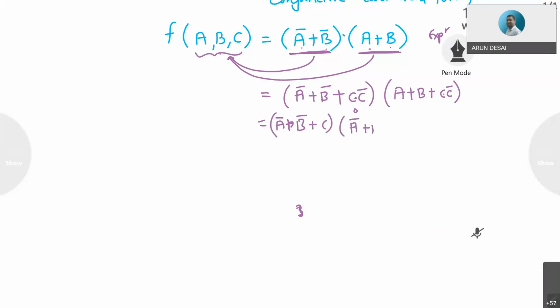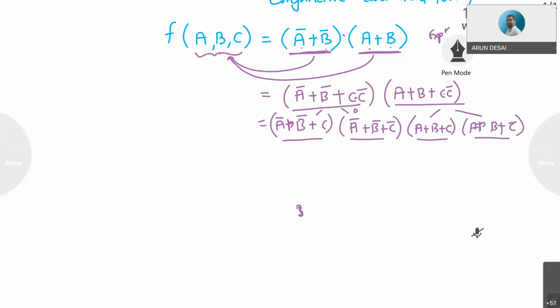A complement plus B complement plus C complement. This got split into two. Now how will this one split? A plus B plus C and A plus B plus C complement, right? So each and every term in this expression holds all the variables which are present in the function.